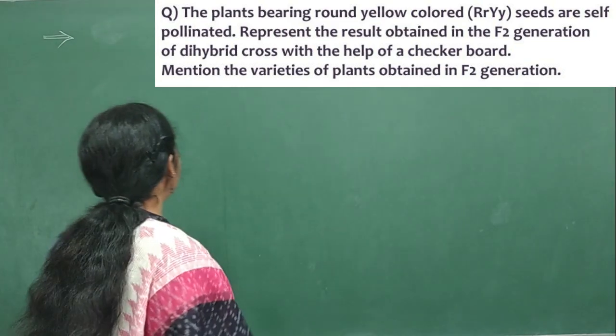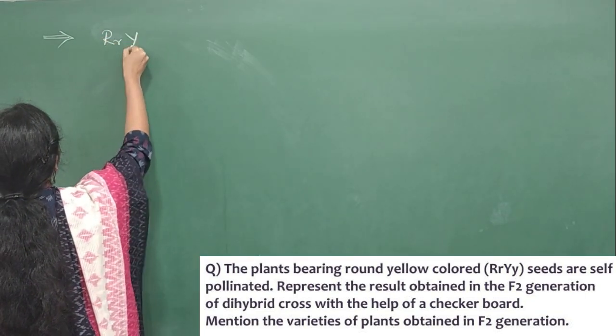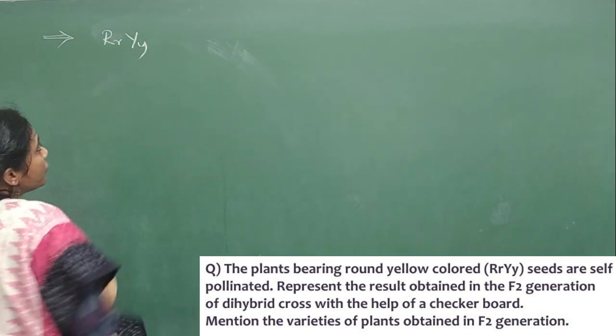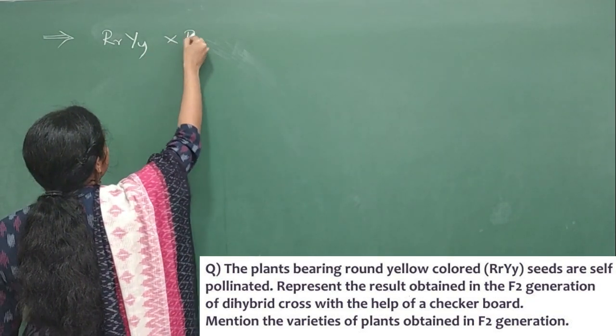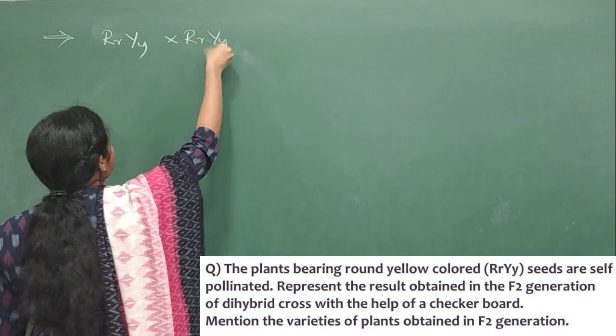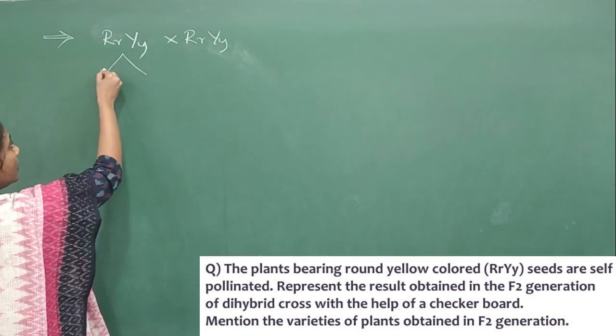Right? So what are they telling you? A round yellow seed bearing plant. This was the genotype of the plant that was self-pollinated, right? RRYY. So what are the gametes you will get from this particular plant?